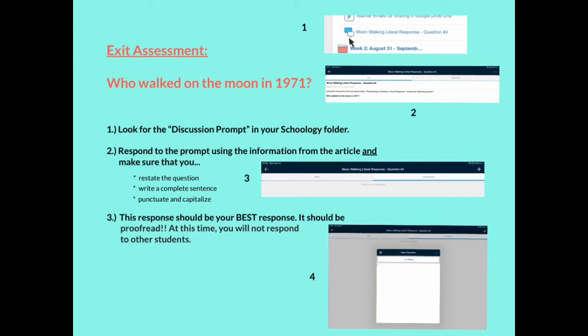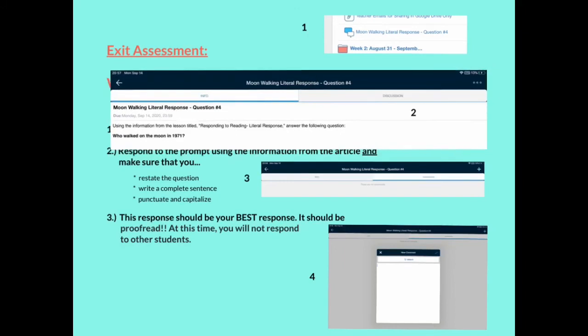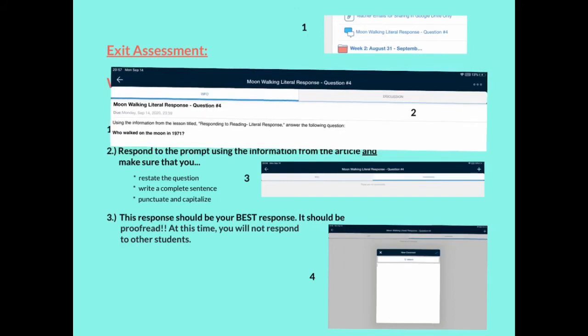Open that, and what you will see next is this right here. When you open it, you're going to have 2 sides to this page. It's going to have the title and the question down below.